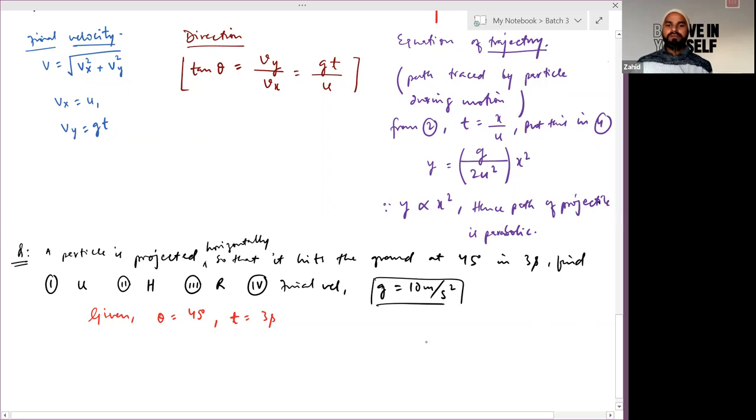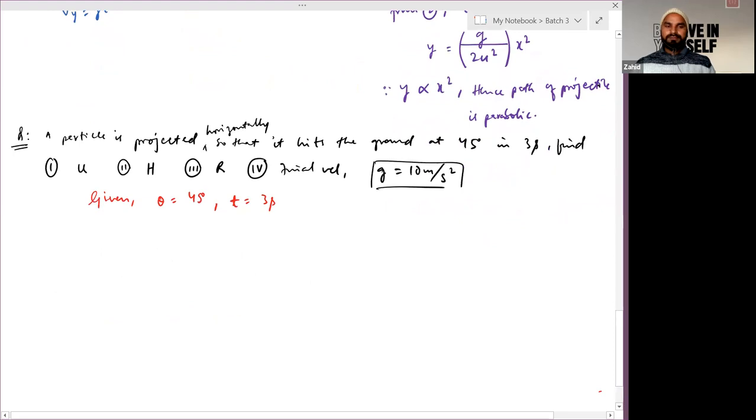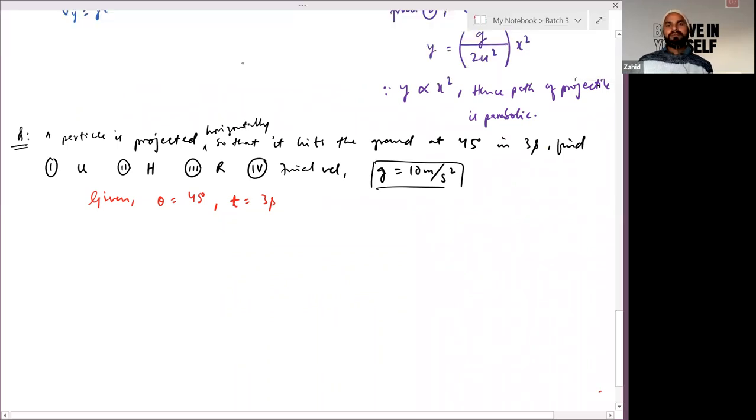Okay, just try to solve this. In the above part, we have just derived 6 different equations. If you use tan theta equals g into t divided by u, we have theta, g, time of flight.